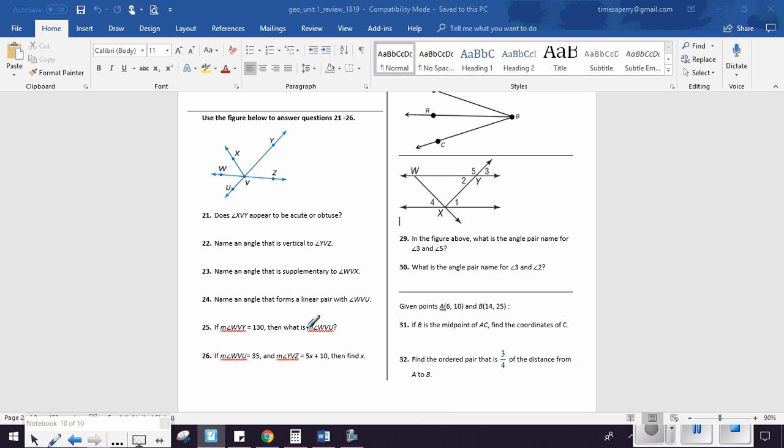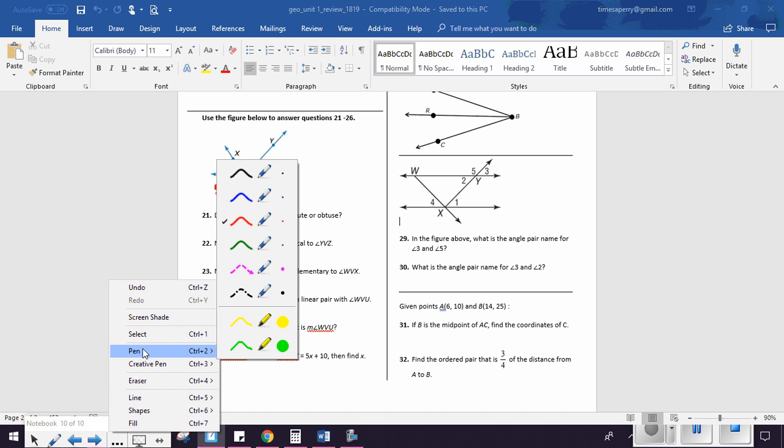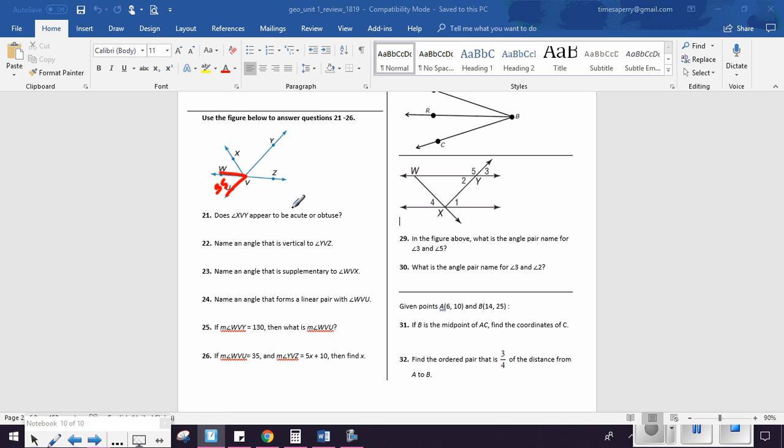Number 26 says WVU, this angle here, is 35 degrees, and YVZ is 5x plus 10. Those two angles together form a perfect X, so that means they are vertical.